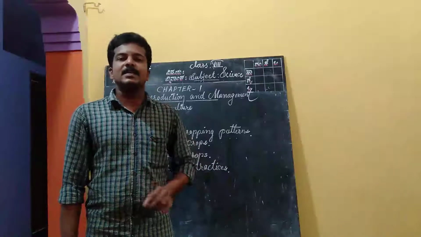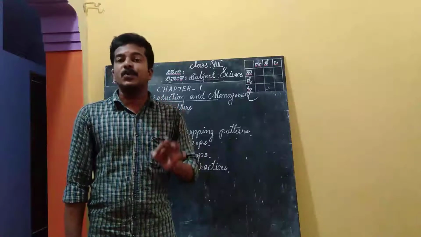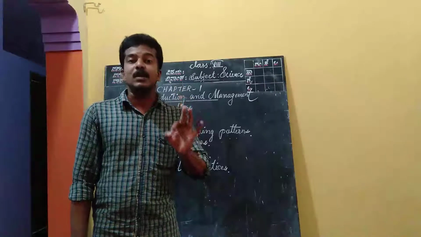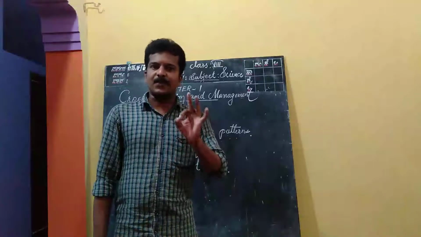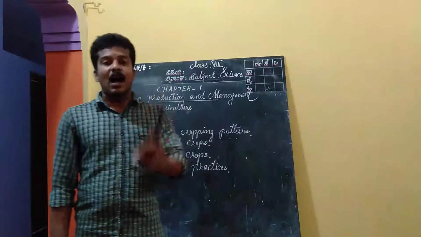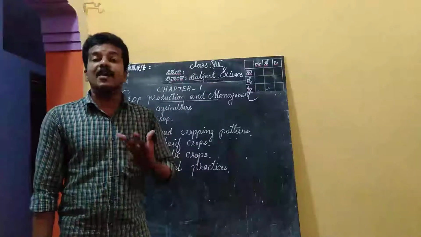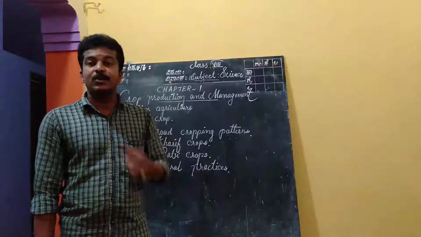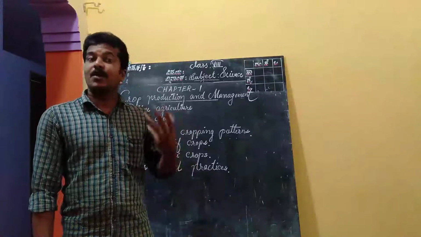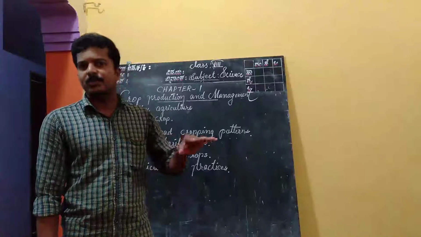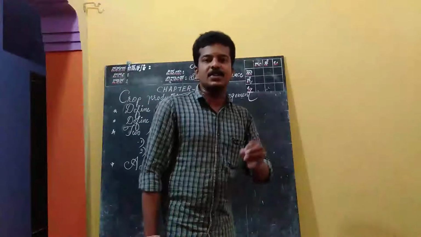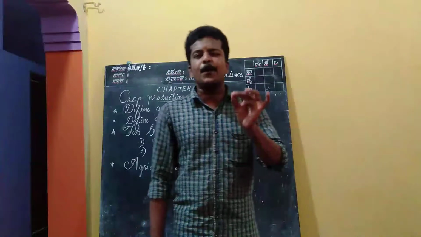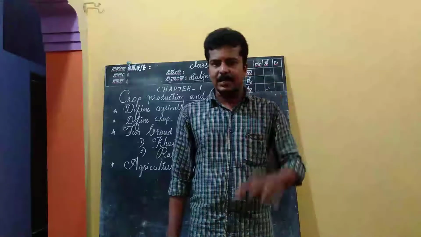And that is the reason why I am going to give you the most suitable definition for agriculture. Listen very carefully. If anybody asks you what is agriculture or define agriculture, you should not say just growing crops. That is not the most suitable definition for that. And my intention is to teach you the proper definition for agriculture.